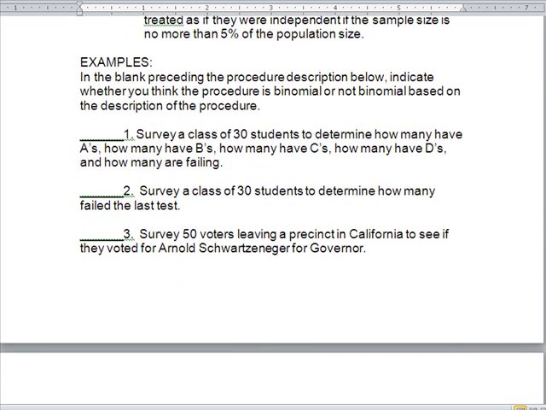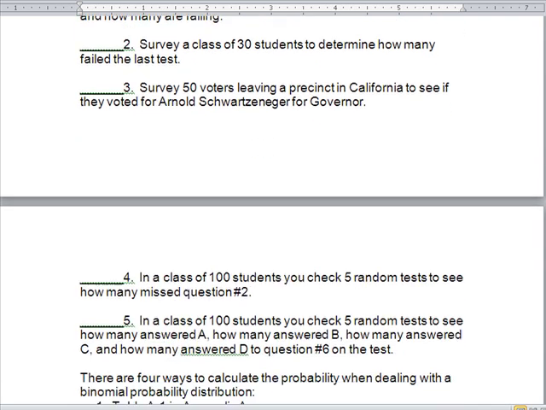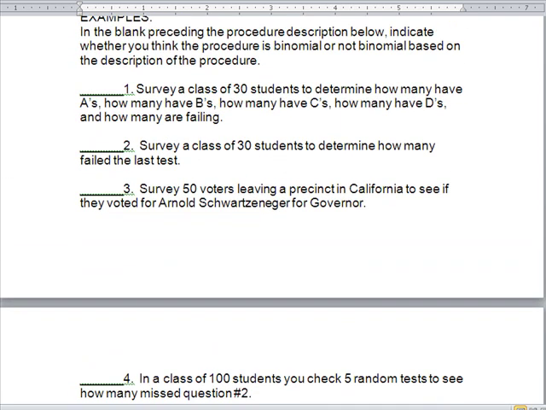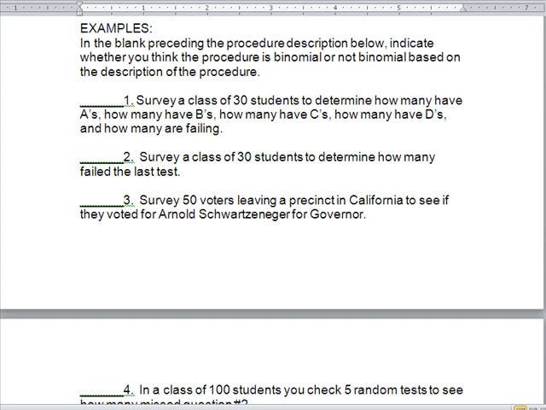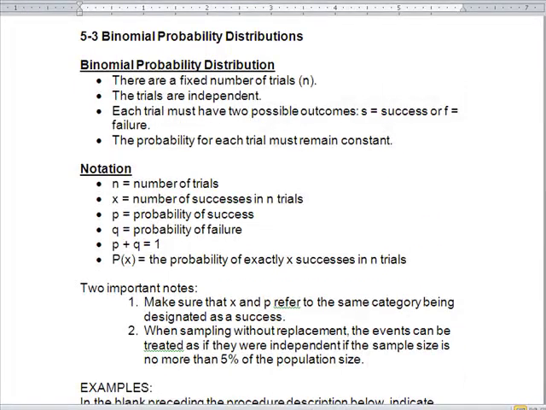So the question is, how do we identify a binomial probability distribution? I've listed 5 examples, and I want you to say either yes, it's binomial, or no, it's not binomial. If it's not binomial, identify which of the 4 items that are requirements for a binomial probability distribution is not being met.